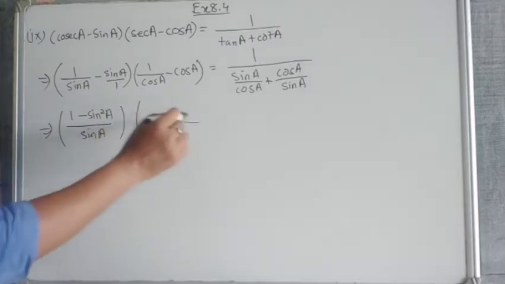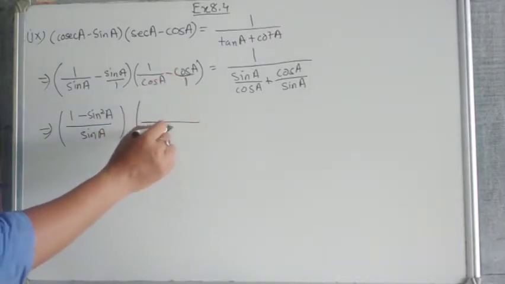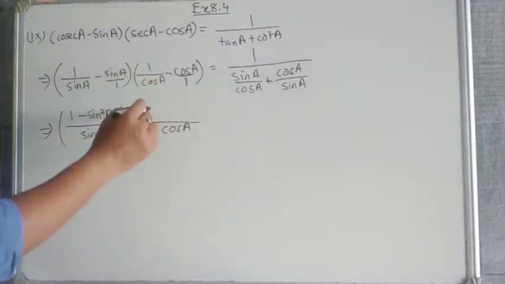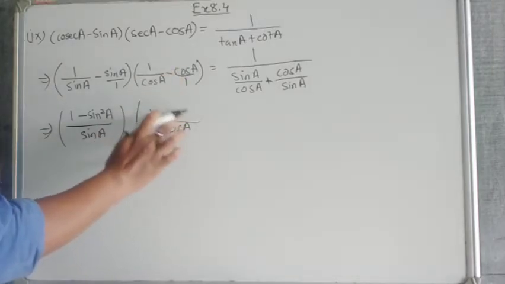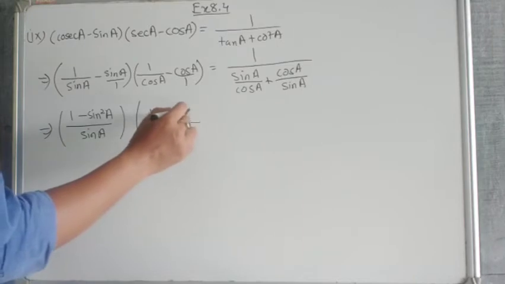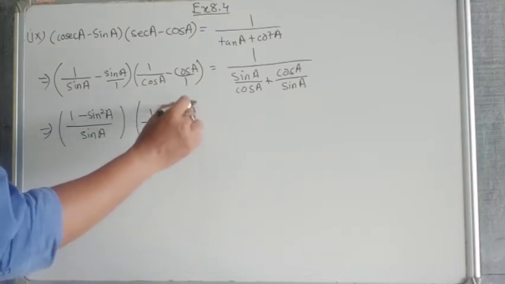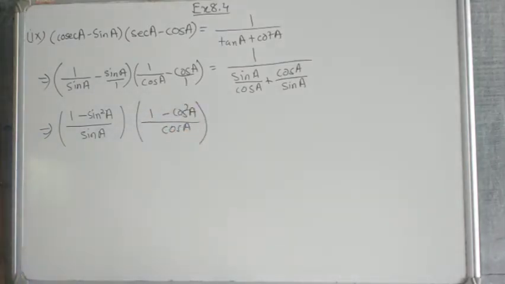Same with the cos also, so I will not explain much. There is 1, so cos A and 1 will give cos A. It will become 1 minus cos A into cos A, which becomes cos square A. If you are getting confused with the formula, here we can do the same cross multiplication. 1 into sin A, and the LCM is sin A. 1 into 1 is 1.